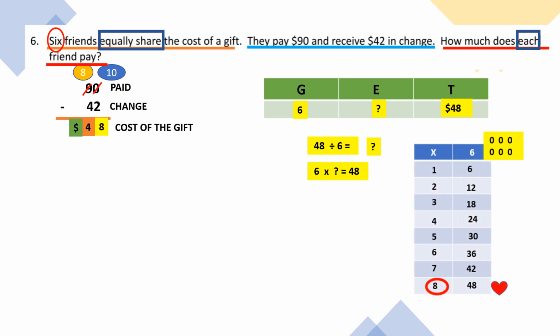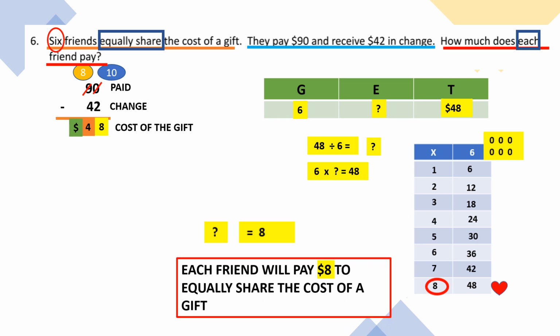You should already have it on your paper. The answer to number 5 was 8. Same answer. 6 times 8 equals 48. Our unknown number is 8. So that means each friend will pay $8 to equally share the cost of a gift. That's your answer.